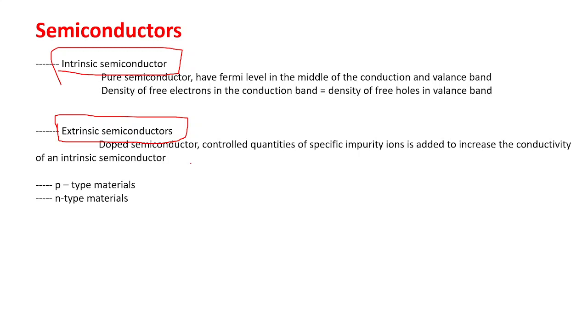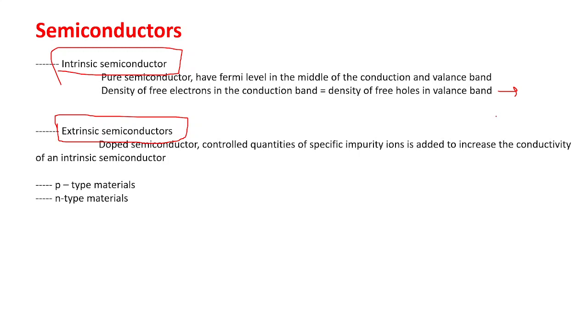Let's understand this with the density of the charge carriers. The density of free electrons in the conduction band is equal to the density of free holes in the valence band. Holes are nothing but the absence of electrons. Both densities are equal, and this can be used for solar energy harnessing.